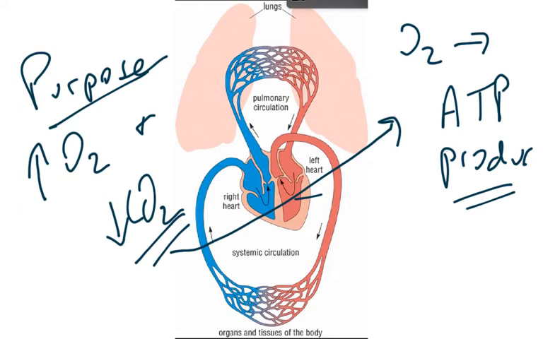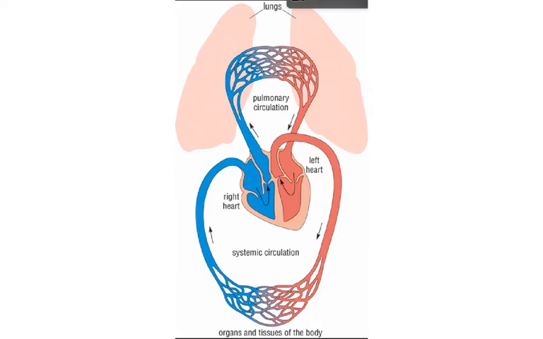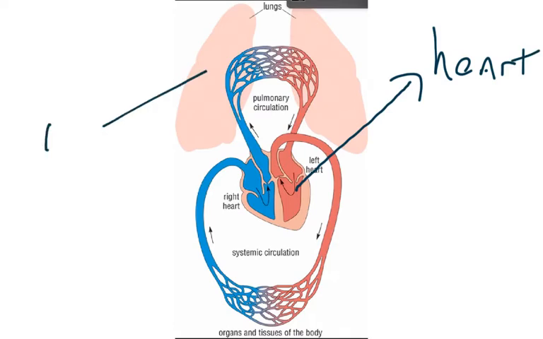Okay, so let's look at the cardiorespiratory system as a whole. We do know the components of this, and you've been exposed to this, but let's review pretty quickly. First we have the heart. We have the lungs. Again, we've got two lungs, right? Left and right.